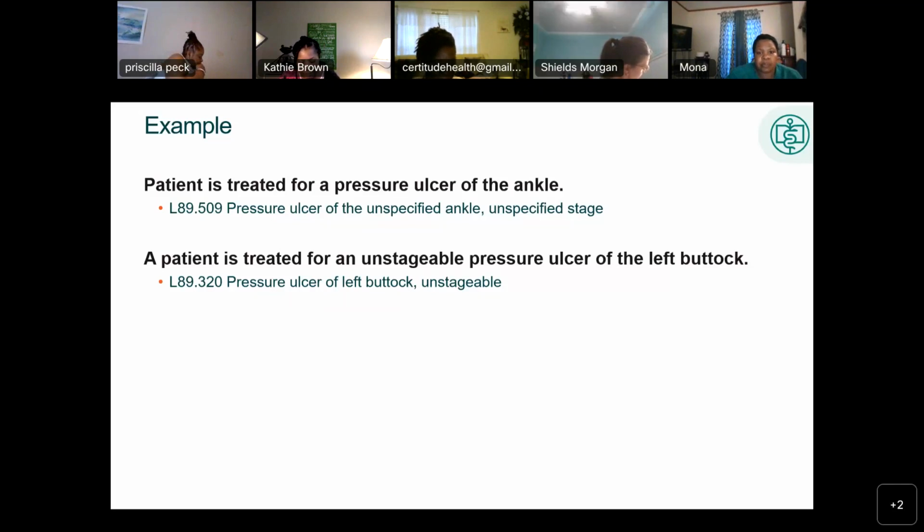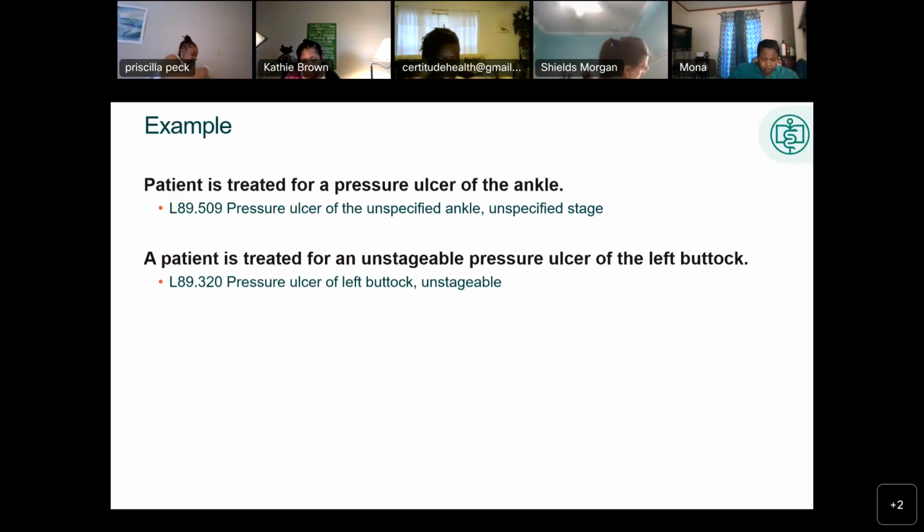Correct. All right. So we know already that it's an unspecified stage. You can look at the other ones too, but you can see there's a distinction. L89.500 is unstageable.